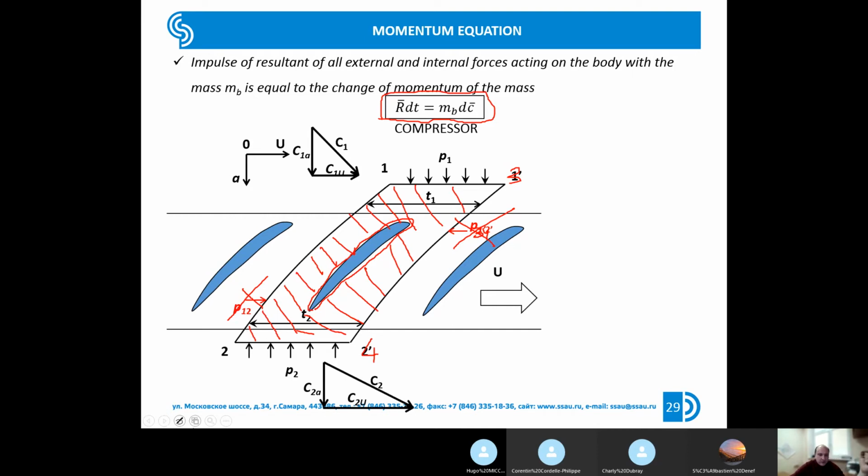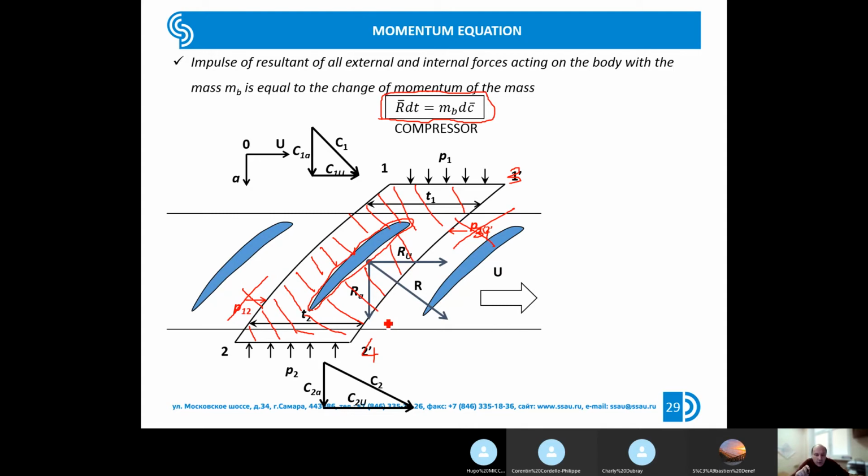And of course, from the blades, we have the action of some forces. In other words, the blades act on the volume which we are investigating by force R, and this force could be split into two projections: circumferential projection RU and axial projection RA.